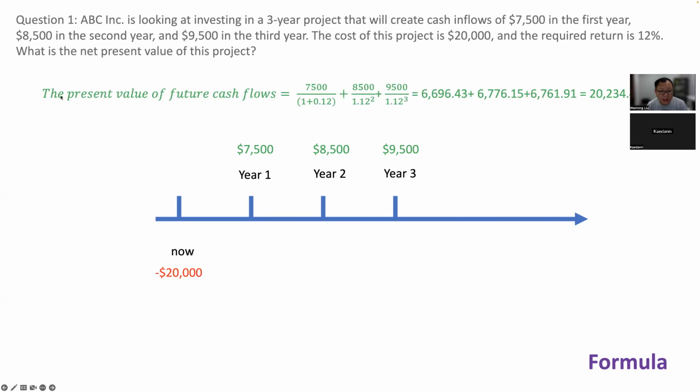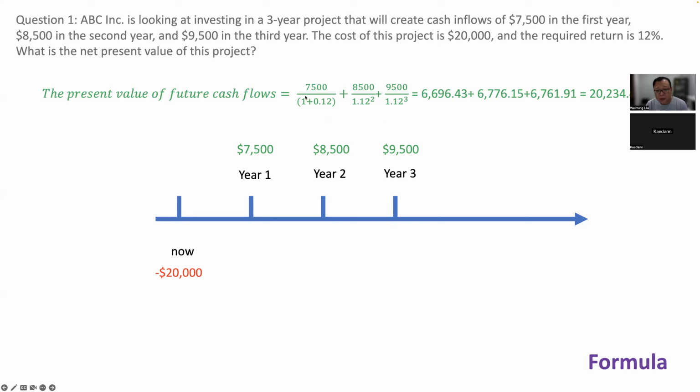This one is not that hard. We can calculate the present value. I use the green color representing the future cash flows, not the upfront investment. So year 1 is divided by 1.12. Year 2, divided by 1.12 to the power 2. And year 3, divided by 1.12 to the power of 3, right?